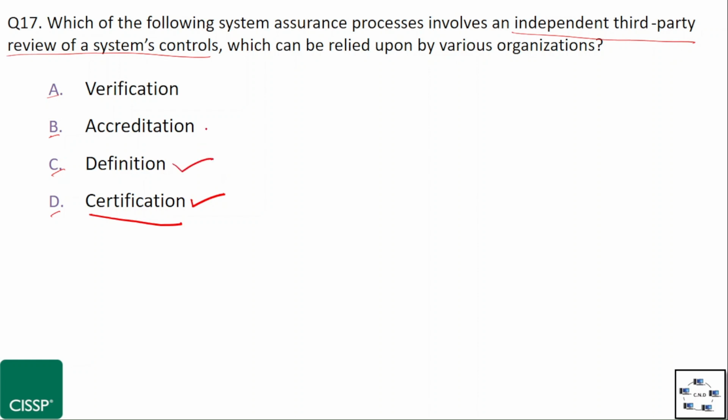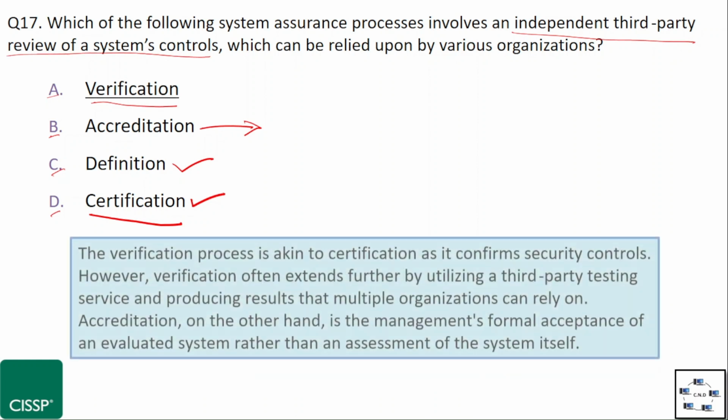Definition is not relevant. Accreditation deals with the acceptance of the system or the control by the organization's administration. Verification is the correct term, where the controls are verified through review by a third party. So the correct option is verification.